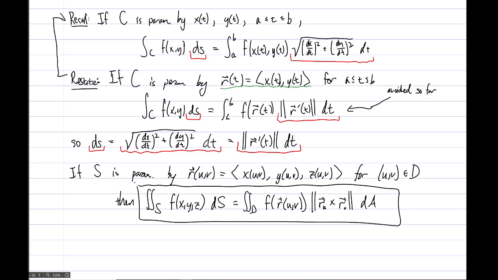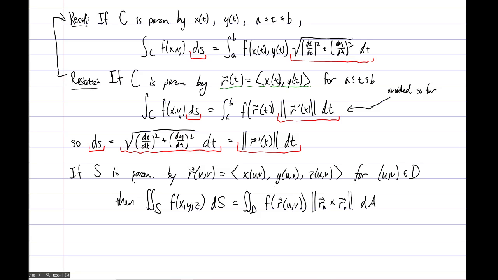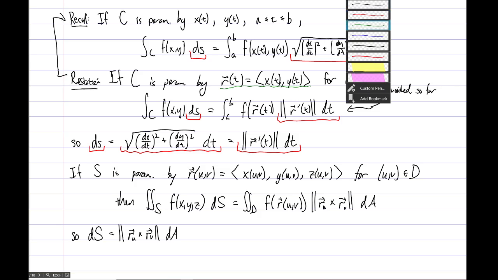We're going to, of course, practice this a lot, but before practicing, let's make as many connections as possible. So first of all, let's state this. dS is the magnitude of r sub u cross product r sub v, close the cross product, dA. Now, we've already underlined some things in red, so let's underline here in blue.